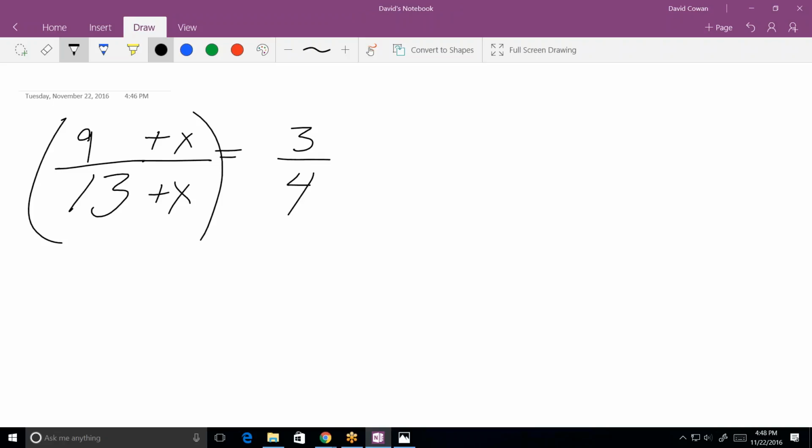How do you solve a problem if I say a over b equals c over d? What's your first step? Cross multiply. Right? You'd say a times d equals b times c.